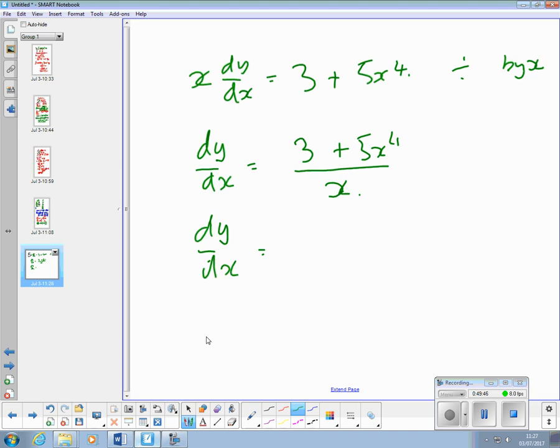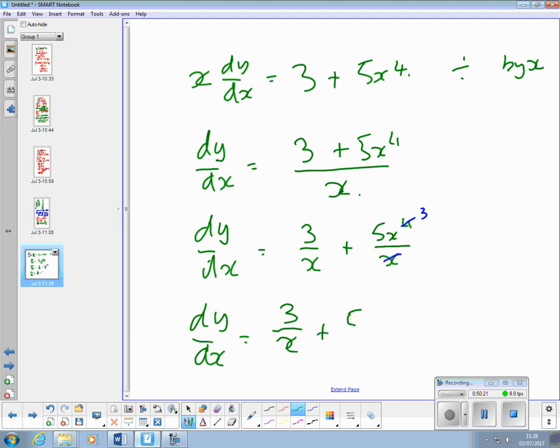We need to write it as 2 separate fractions: 3 over x plus 5x to the 4 over x. Now we can cancel the x, so we've got dy by dx is equal to 3 over x plus 5x to the 3.